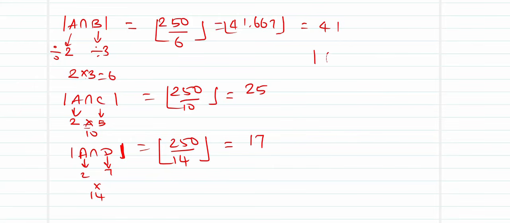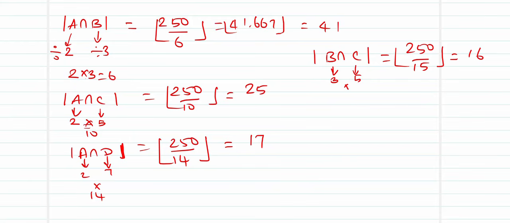Next we move on to B intersection C. B is for the number 3 and C is for the number 5. So 5 into 3 makes it 15. 250 divided by 15, take the floor of it, the answer is 16. Next B intersection D: 3 and 7, 7 into 3 is 21.